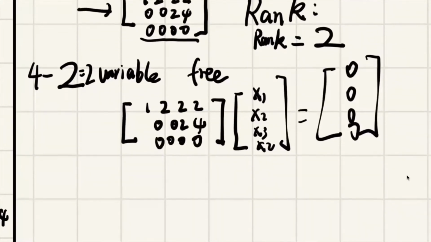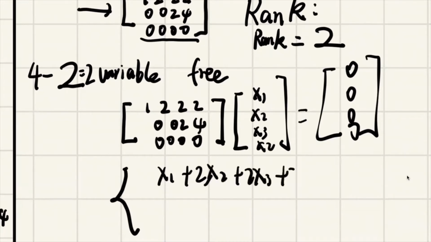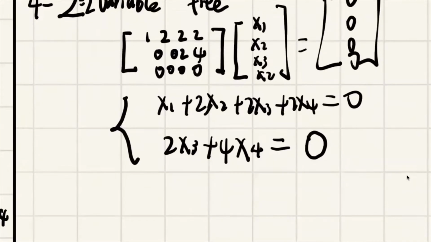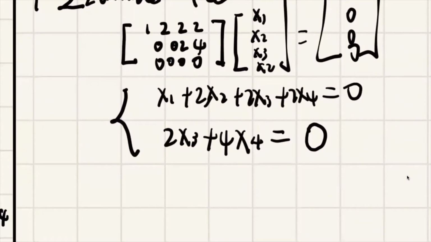What we can do here is first have 2 equations: x1 plus 2x2 plus 2x3 plus 2x4 equals 0, and 2x3 plus 4x4 equals 0. Since x1 and x3 are the pivot variables, they are not free, and x2 and x4 are free variables.